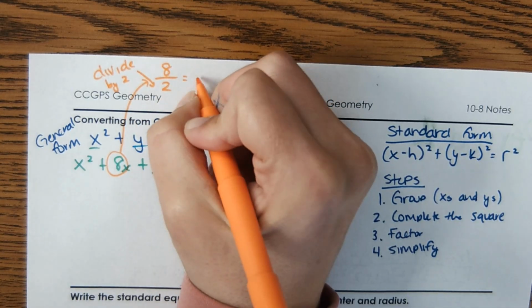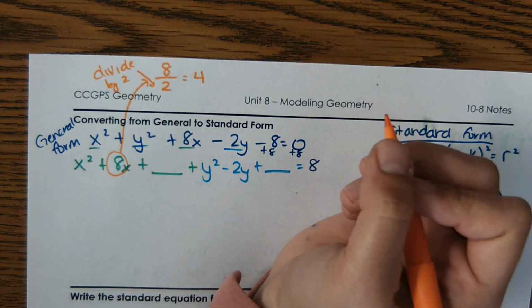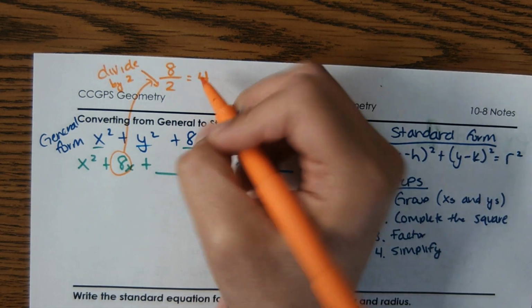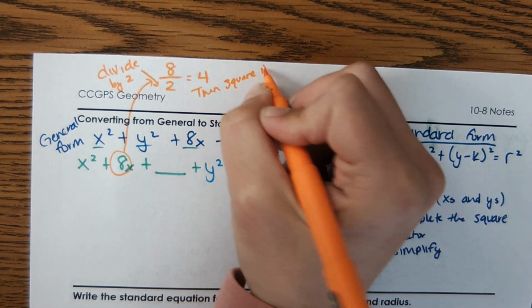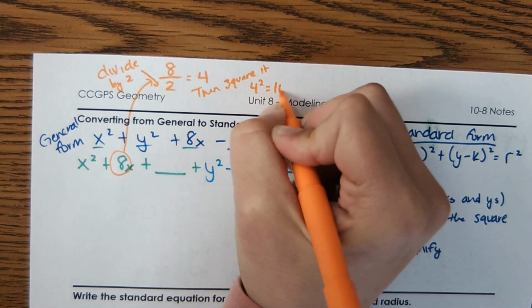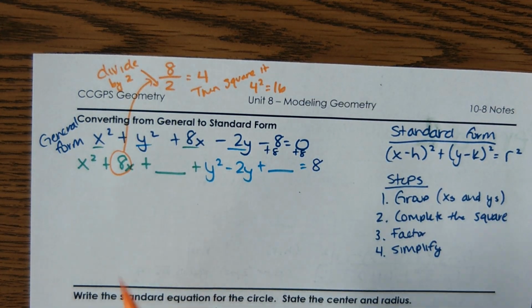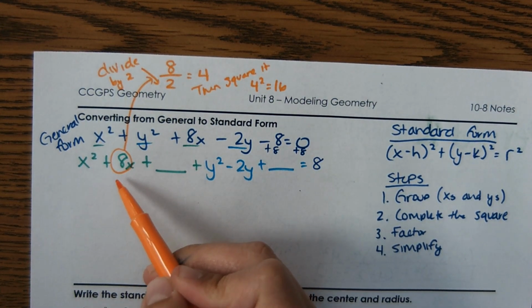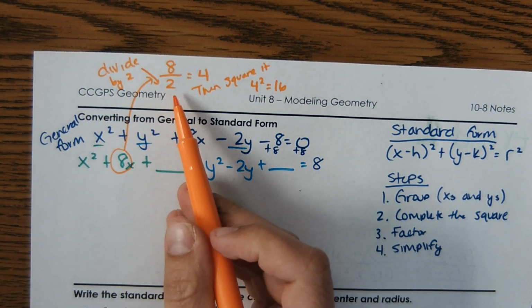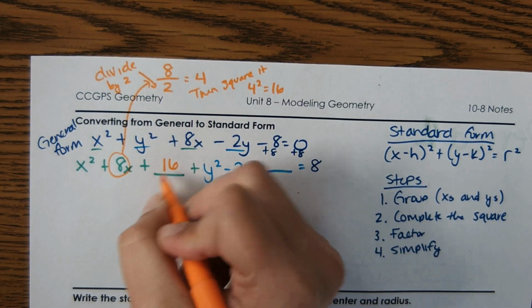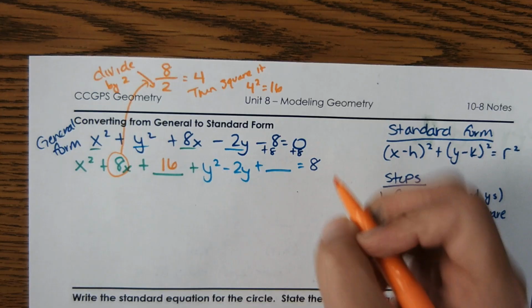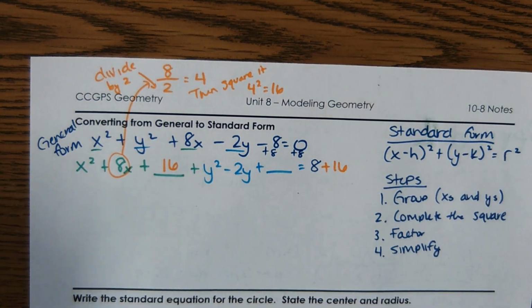And we get 4. Then square it. So 4 squared equals 16. So we're taking this term, dividing it by 2 to get 4, and then squaring it to get 16, and that's what goes in this blank. And then whatever we add to this side of the equation, we also have to add over here.